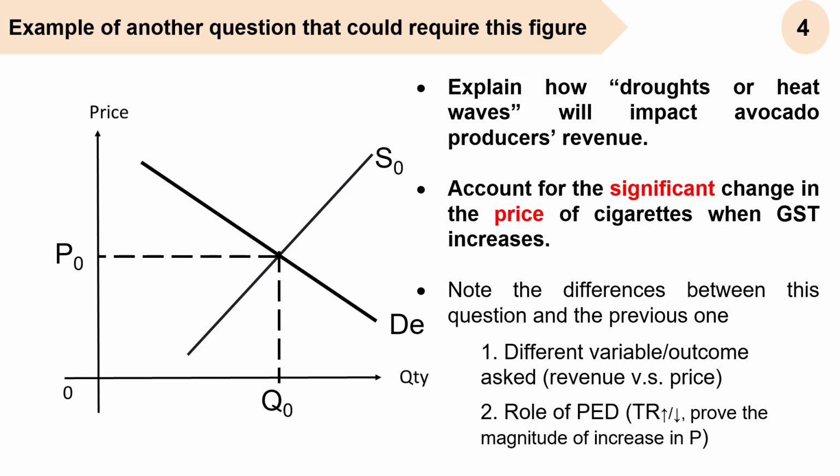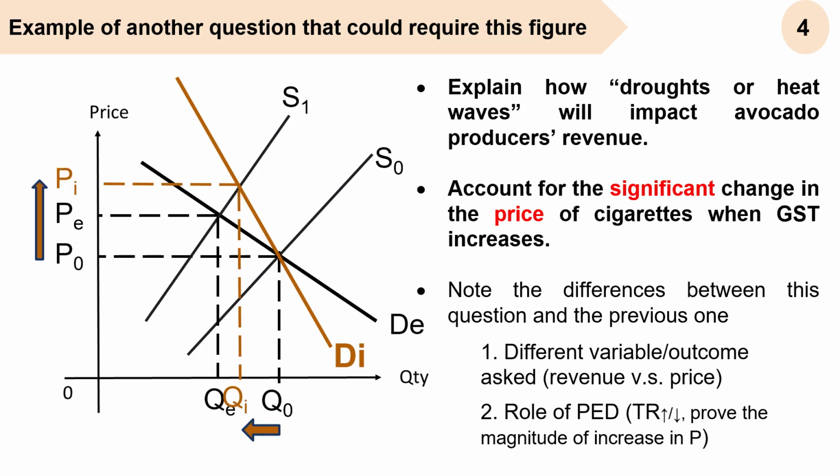And the diagram that you use, this is the main thing, is actually the same. You don't need to copy out a diagram because you already drew the diagram. No matter whether they ask about impact on total revenue or whether there's a significant change in prices, the diagram you draw is actually the same. Okay, maybe not exactly the same, because for GST, what kind of tax is it?